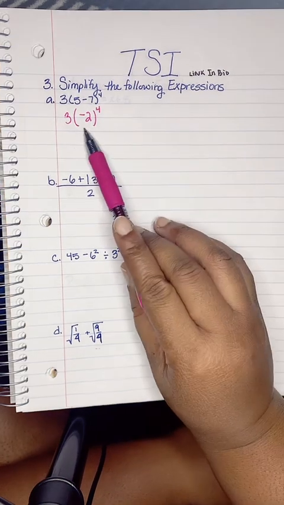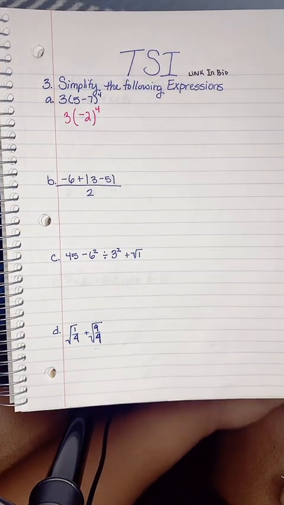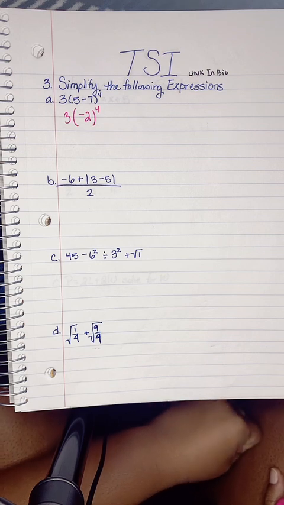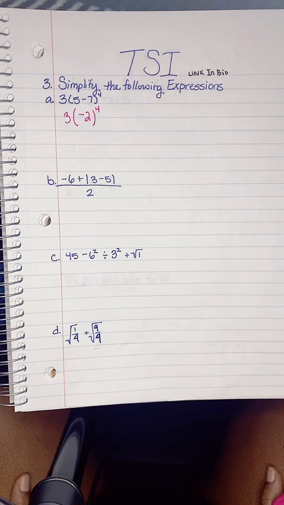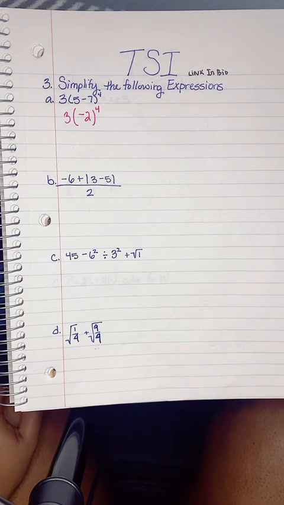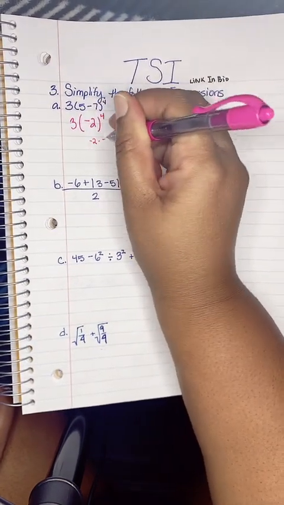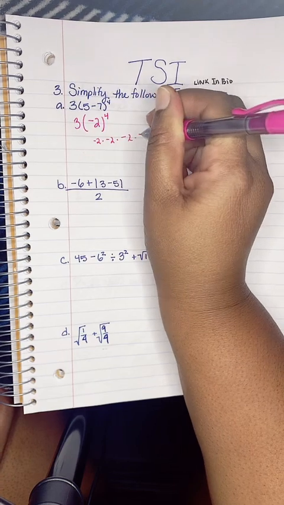What is -2 to the fourth power? Can we put it in the chat? Sixteen. Good, because we have negative. So remember, this is -2 times -2 times -2 times -2.